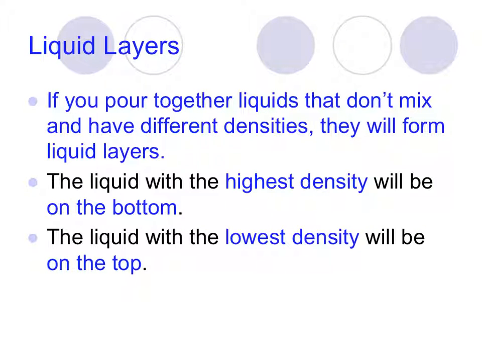Now, liquid layers. If you pour together liquids that don't mix and they have different densities, they will form liquid layers, or what we call a density column. The liquid with the highest density will be at the bottom, and the liquid with the lowest density will be at the top.